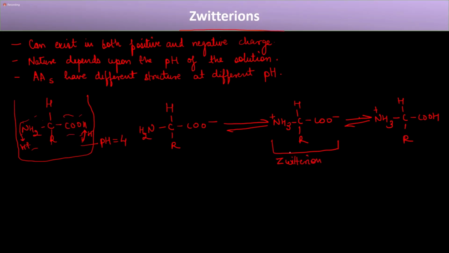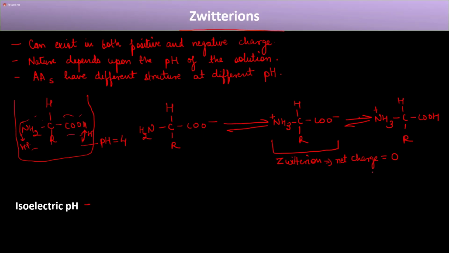And the pH at which this structure occurs is known as the isoelectric pH. Before that, if you see the structure, it has one positive charge and one negative charge. So the net charge on this structure will be 0, because the one positive and one negative charge cancel each other.